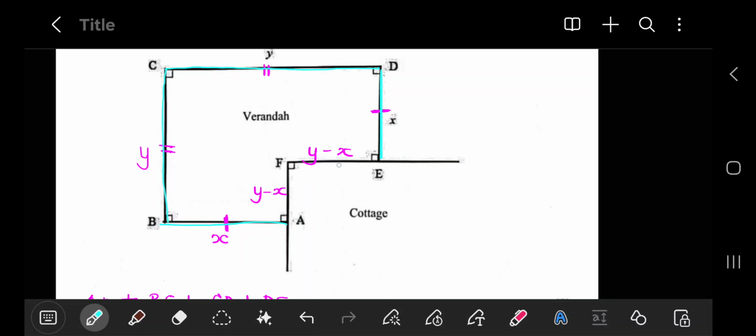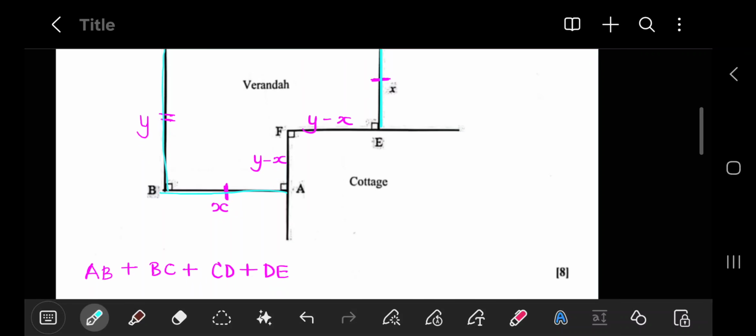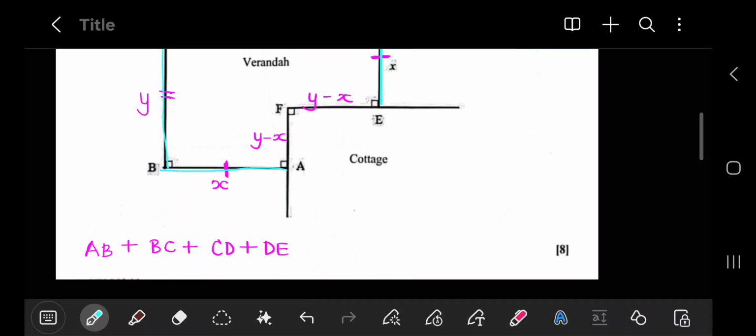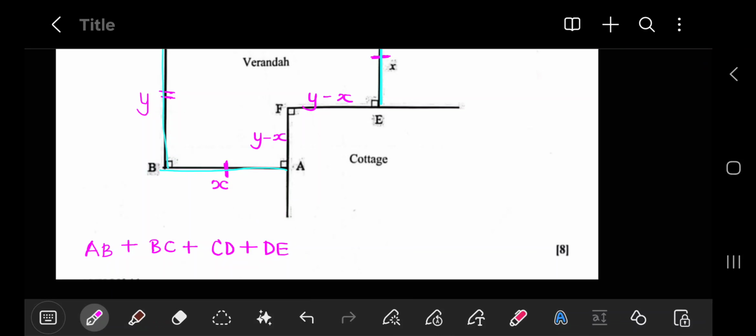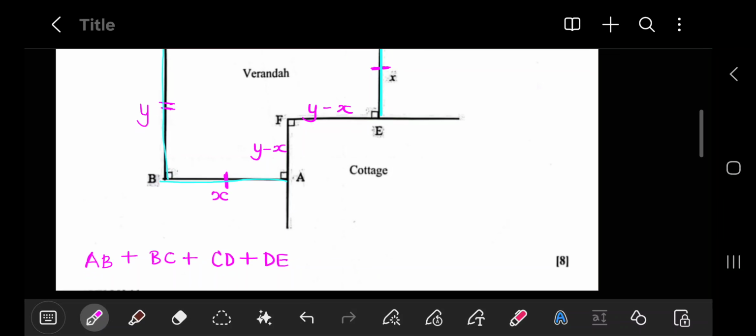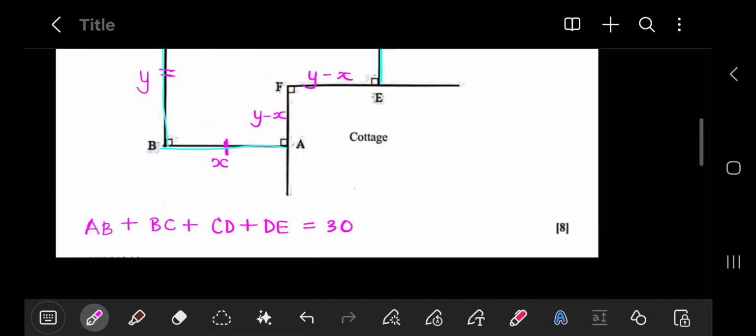There is not going to be any railing on EF and FA, because EF and FA is the corner of the cottage, so we don't require any railing there. So when adding all of these values, we are not going to include EF and FA. We're just going to stop at DE and equate that to 30.